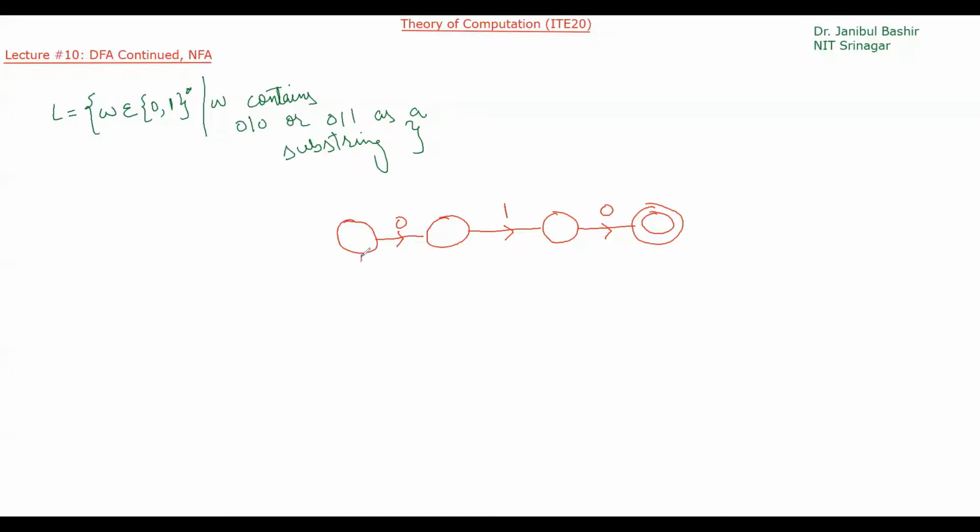So 0, 1, 1. So this should also accept it. Let's suppose it is Q0, this is Q1, this is Q2, this is Q3, this is Q4, this is Q5, and this is Q6. Fine. And this is the start state. So I am saying it should accept those strings which contain 010 or 011 as a substring.